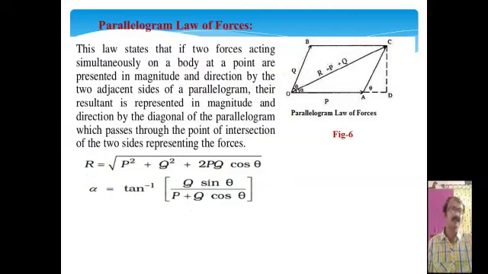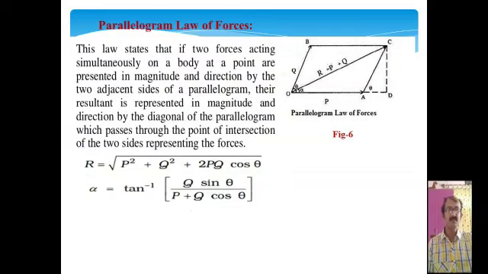In figure 6, there are two forces P and Q, and R is the resultant of P and Q, the diagonal of this parallelogram. So R is nothing but P plus Q.